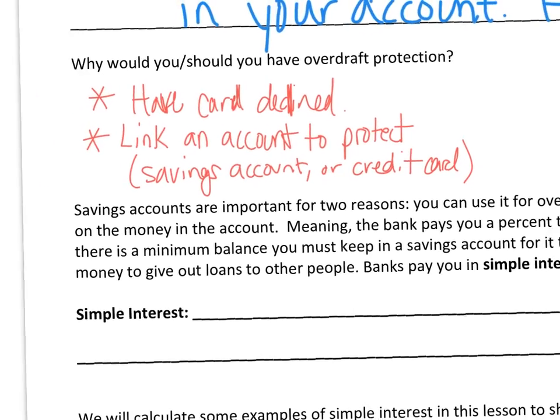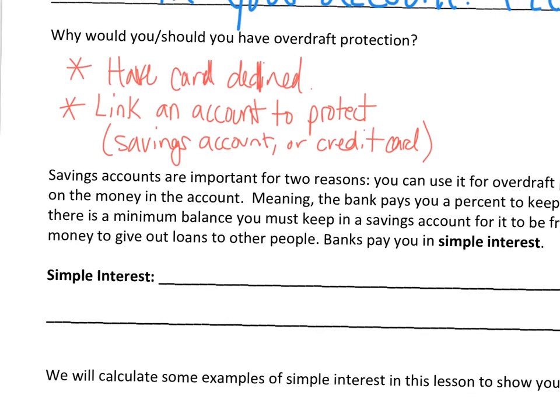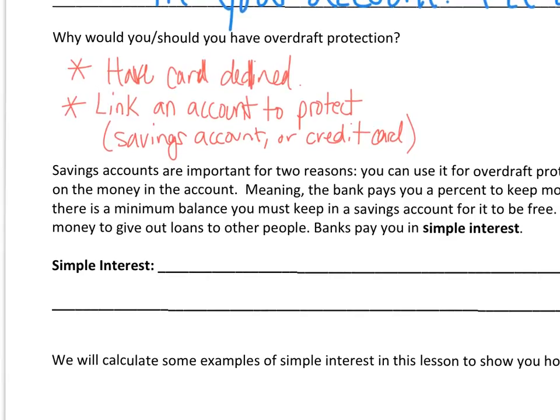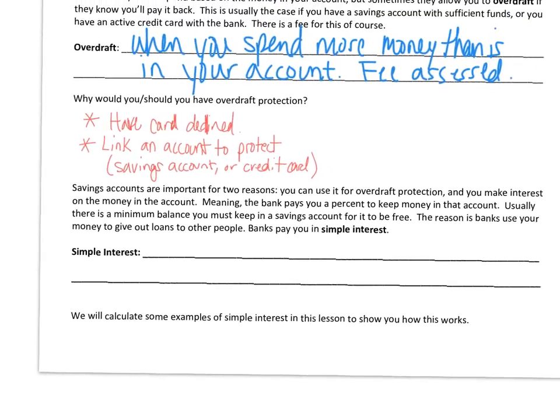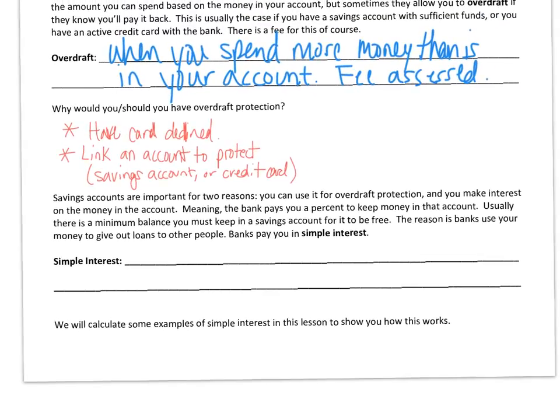So what that means is if for some reason you don't have enough money in your account and you go to swipe it, it will pull money from your savings account. Or if you link it to a credit card, it will charge the credit card whatever the difference is in what you have in your account. So these are ways to set up overdraft protection so that you don't incur those fees.